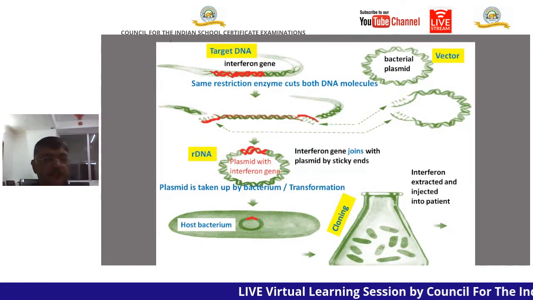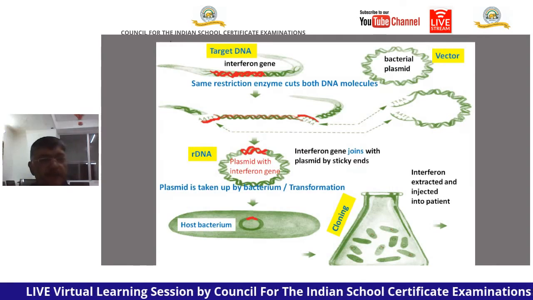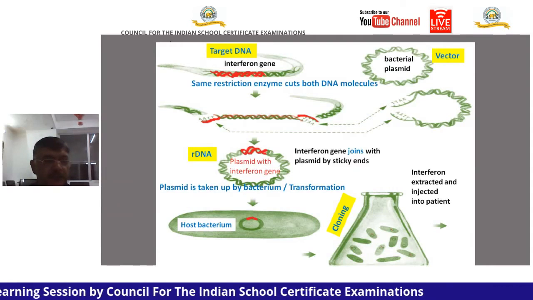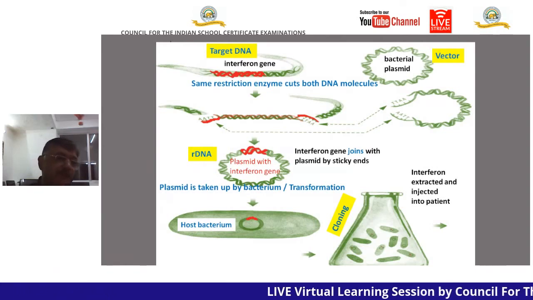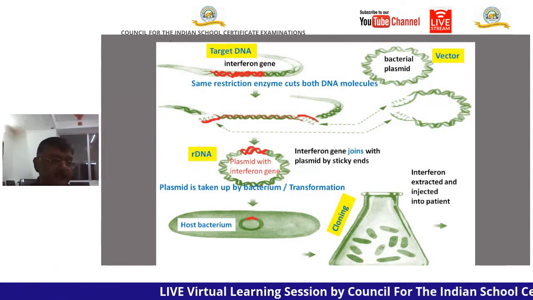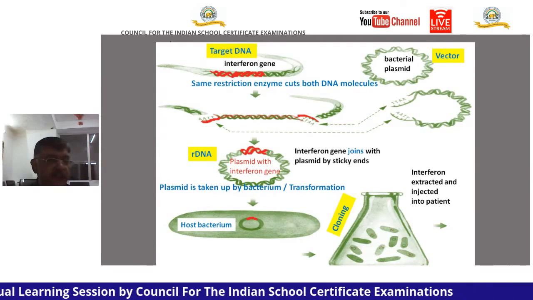So just to make sure that it is permanently ligated, we have to use another enzyme, DNA ligase. So with the DNA ligase, now see, this has been ligated to this.